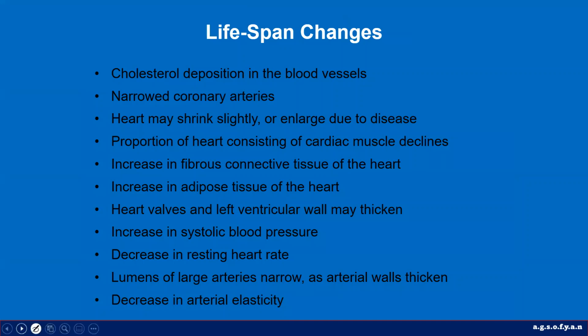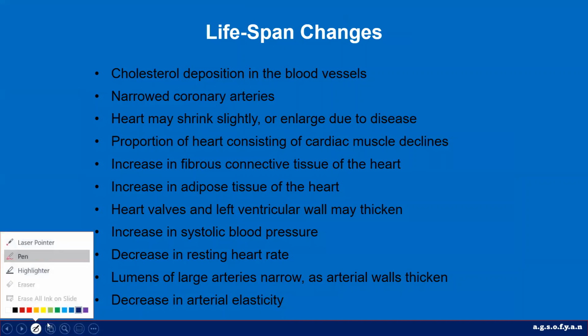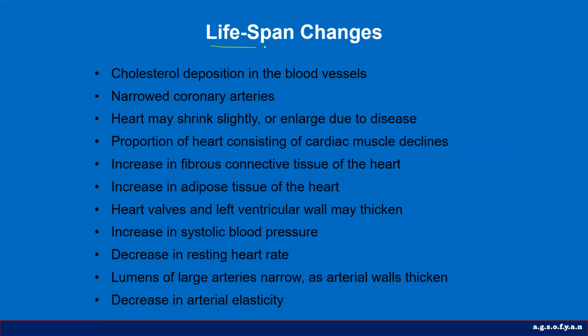Now, what happens if we are growing old? So lifespan changes. Mostly cholesterol deposition in the blood vessels will increase, causing some atherosclerosis, blocking of the blood circulation. Also the coronary arteries will be smaller and narrow, making it more difficult to deliver blood to the heart muscle.